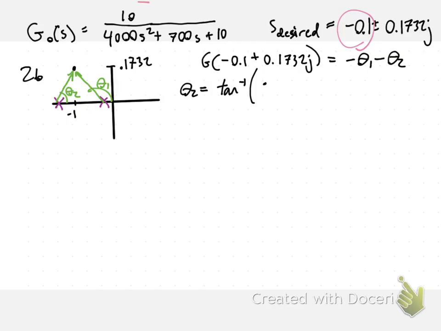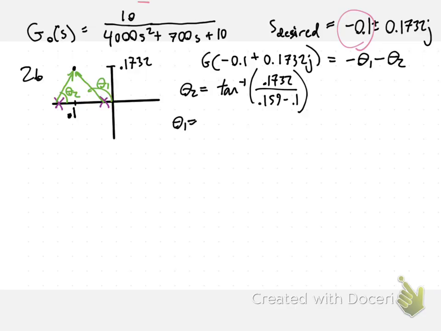So the rise is going to be 0.1732 divided by, and we will have, this is a 0.1 here, 0.1 minus, or we can just do the higher number first because we're considering absolute distance. So it'll be 0.159 minus 0.1. And θ1, you could do it a couple different ways.